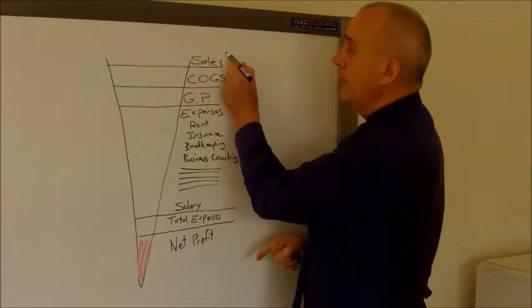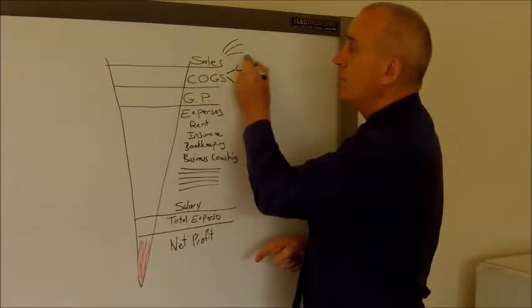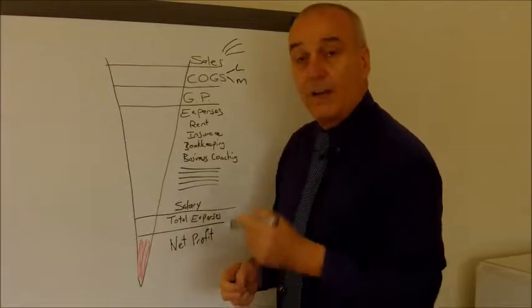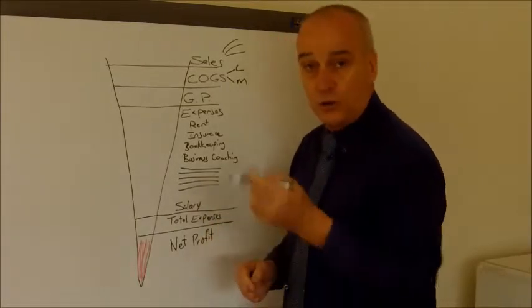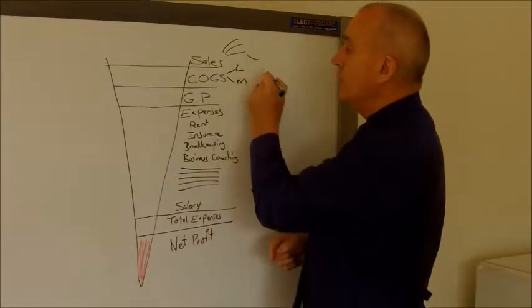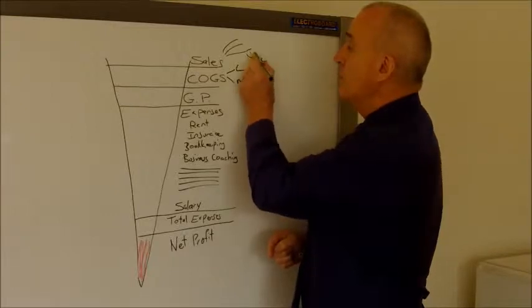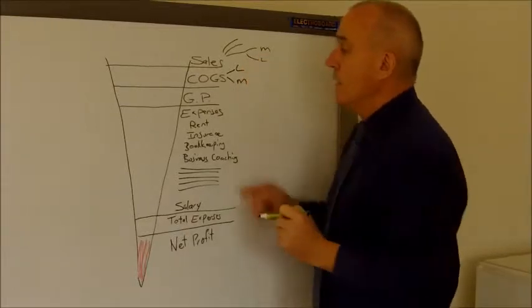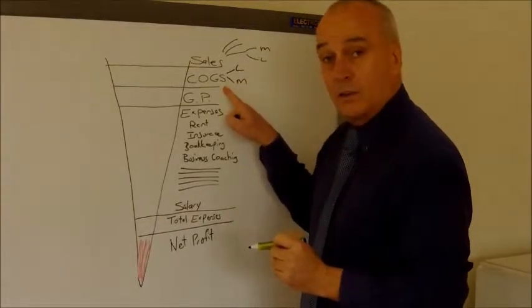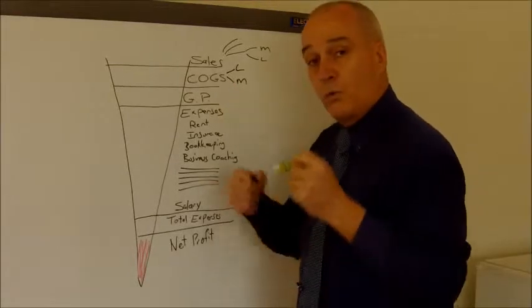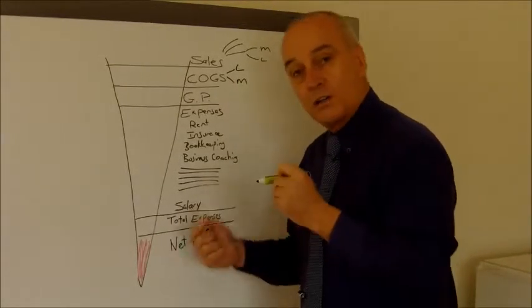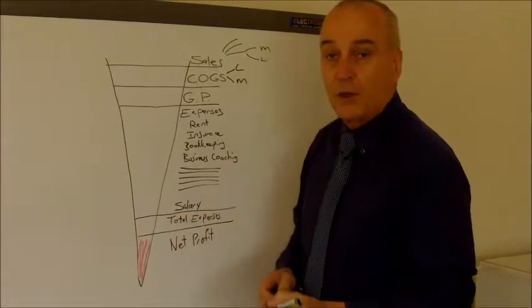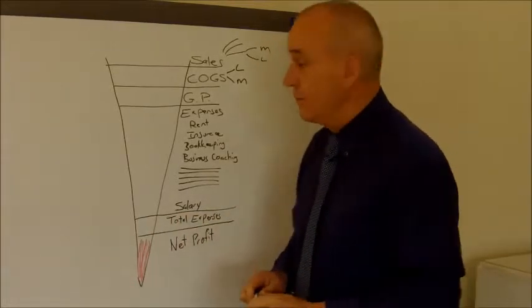So we start up here with our sales items, whatever they are, and they may have two components, those two components being the labour cost and the material cost. And when we come down to our cost of goods sold, we would break that down as to what is our parts and what is our labour cost to make our sales.